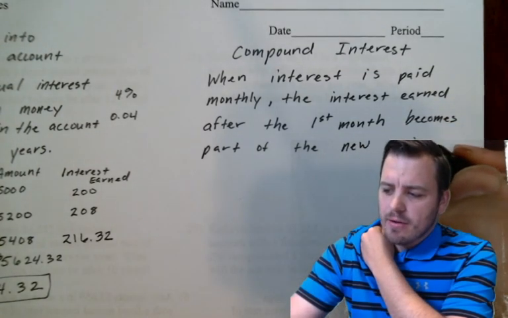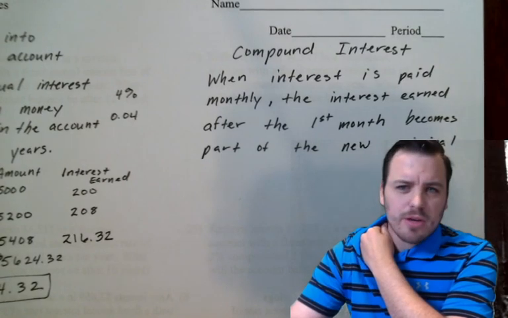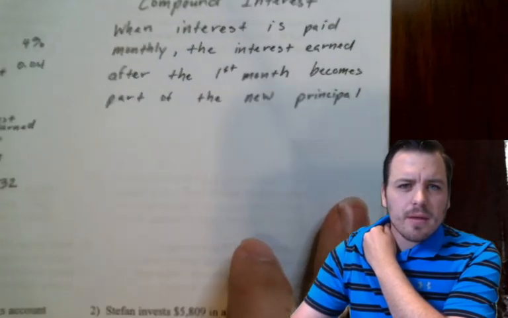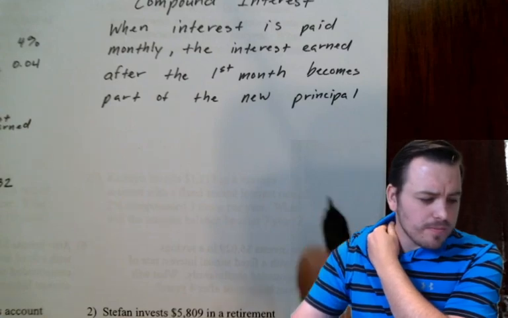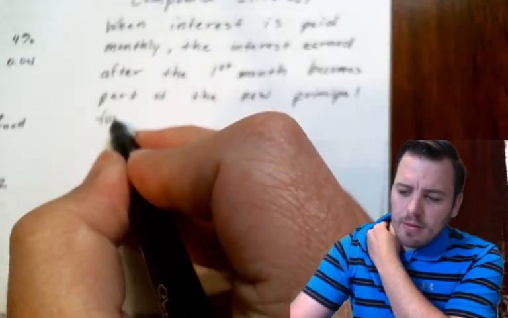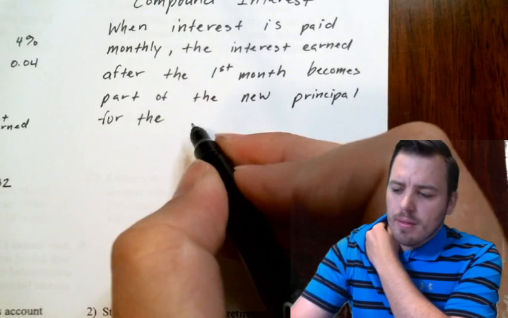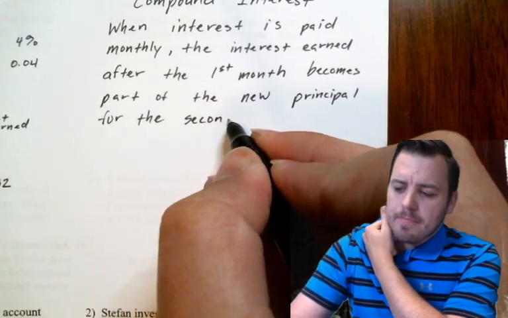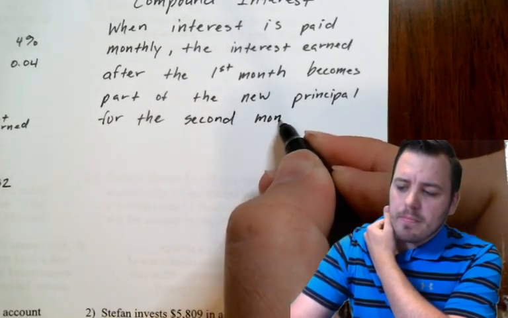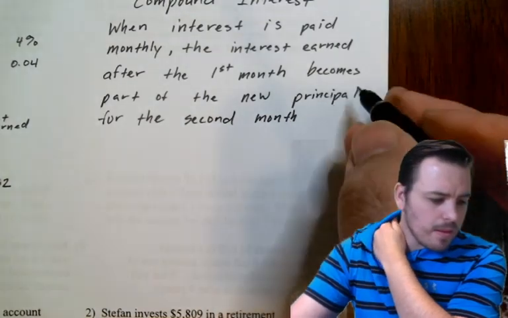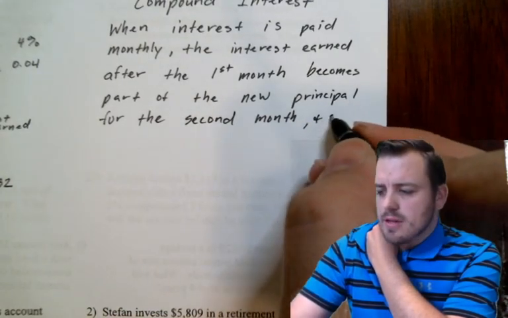Principal is the amount from the beginning. The principal is how much money you have in there. Is part of the new principal for the second month. And so on.